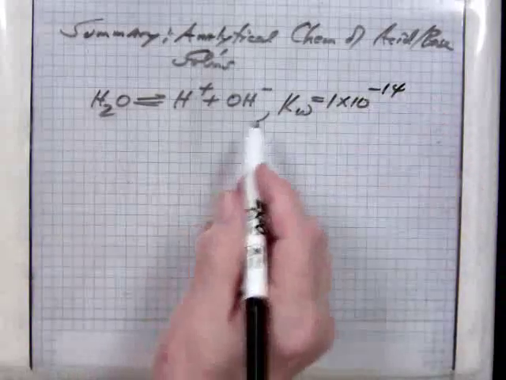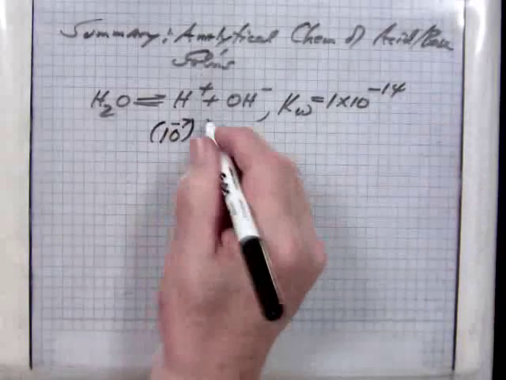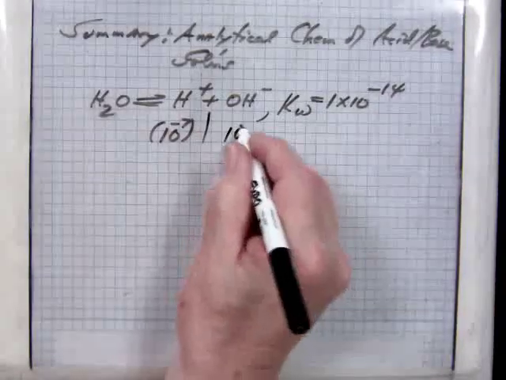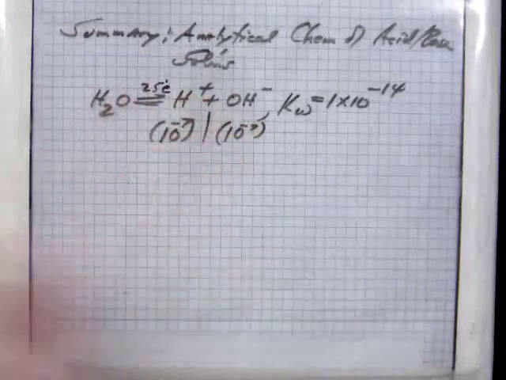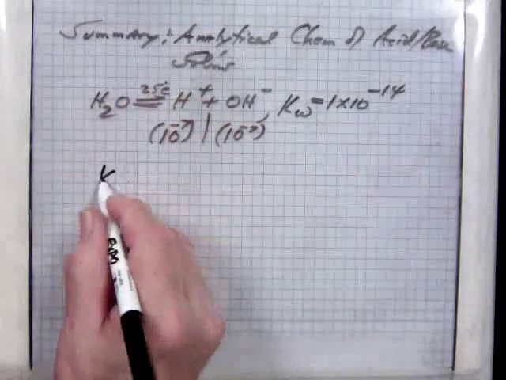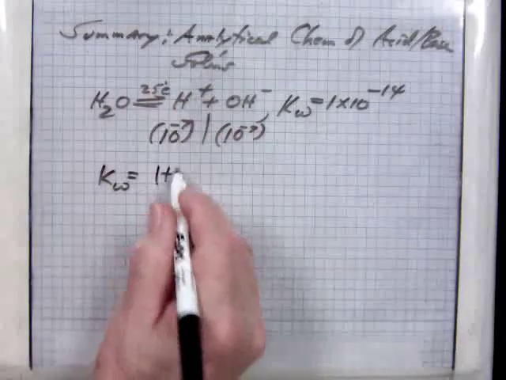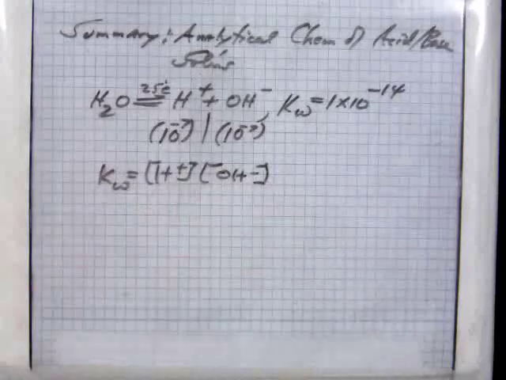Now, one of the things you want to note here is this is 10 to the minus 7. This is standard, 10 to the minus 7 at 25 degrees C. And that is the foundation for the Kw expression of H plus times OH minus.